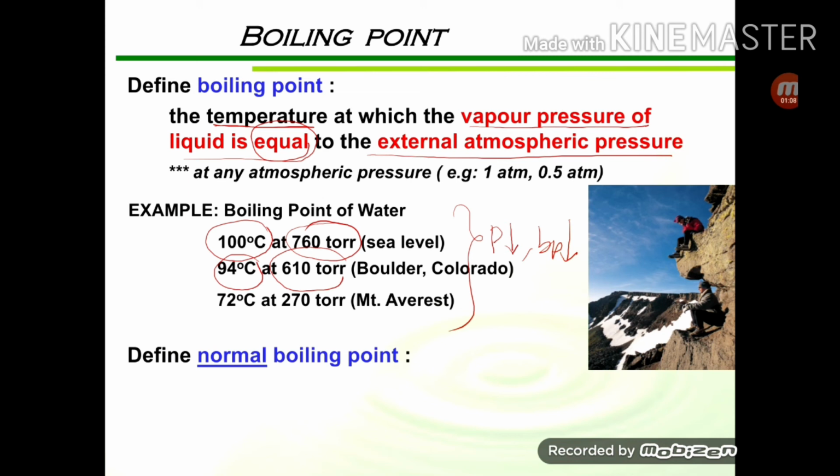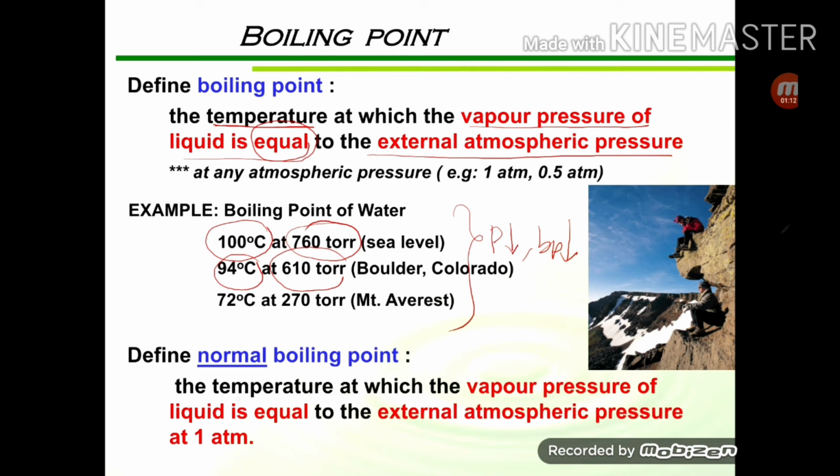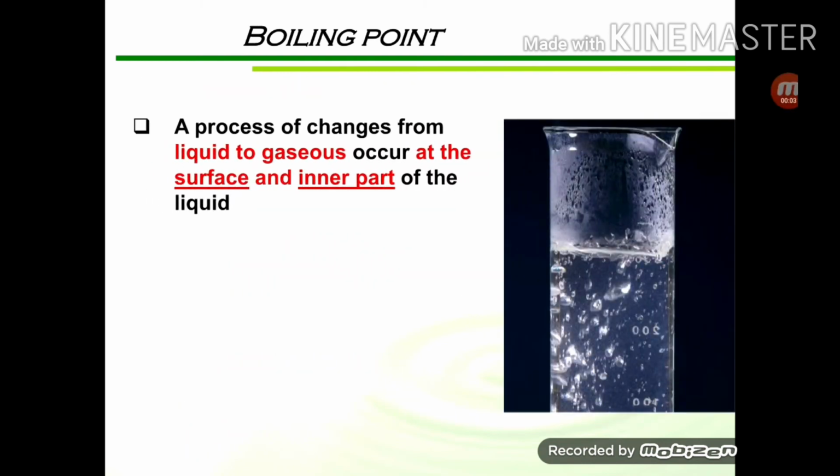How about normal boiling point? So, normal boiling point is the temperature at which the vapor pressure of liquid is equal to the external atmospheric pressure at 1 atm. Boiling is a process of change from liquid to gas that occurs at the surface and inner part of the liquid.